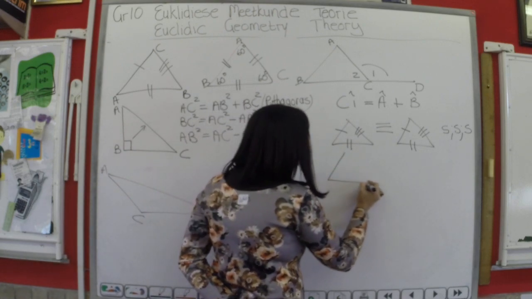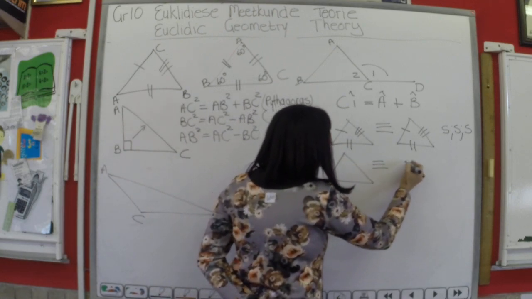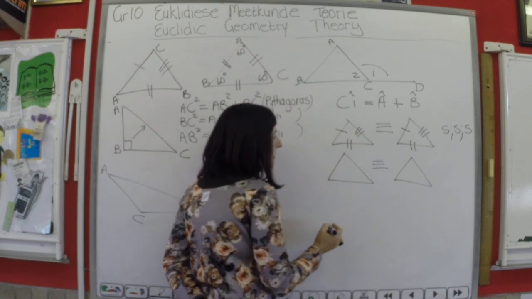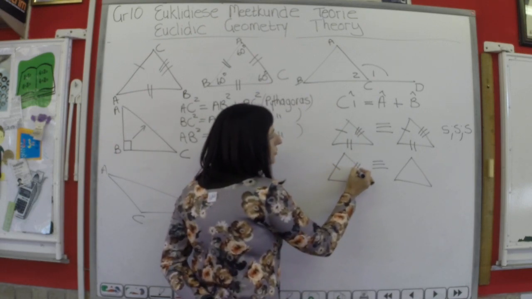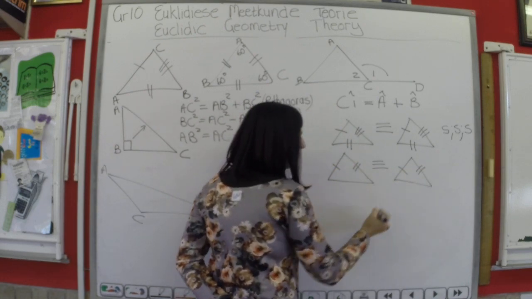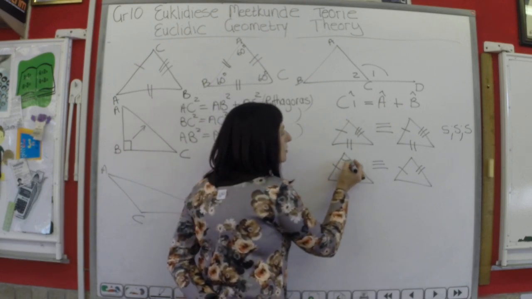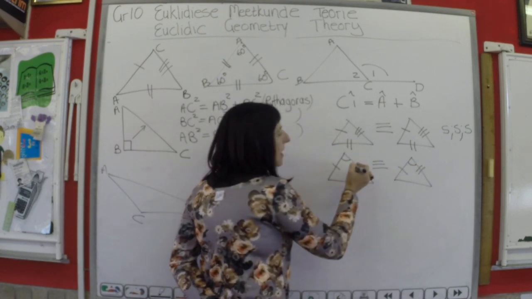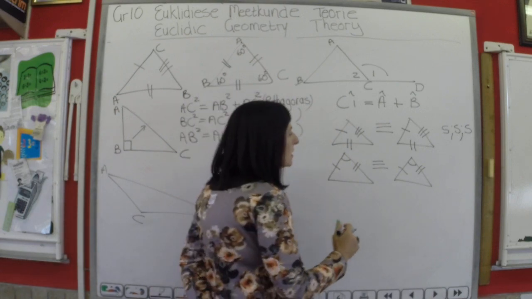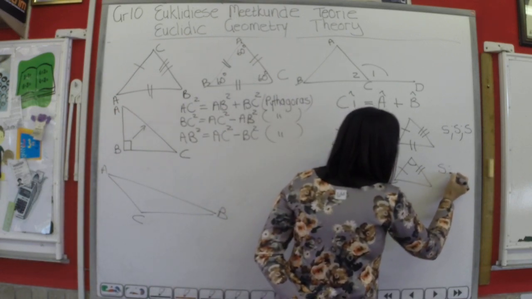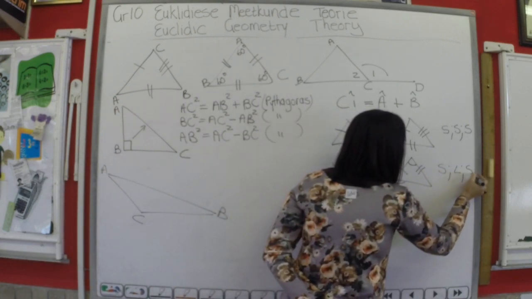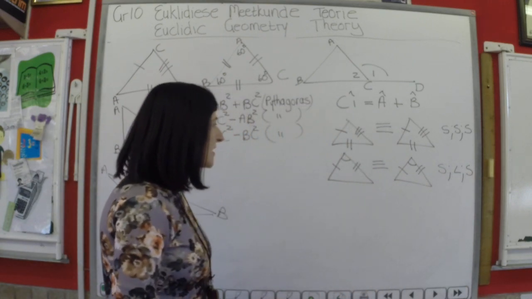Dan het ons kongruensie waar twee driehoeke kongruent is. As ek twee sye het wat gelyk is in twee driehoeke en een hoek. But what's important, that angle must be included. Dit beteken, die hoek moet tussen die twee sye wees.